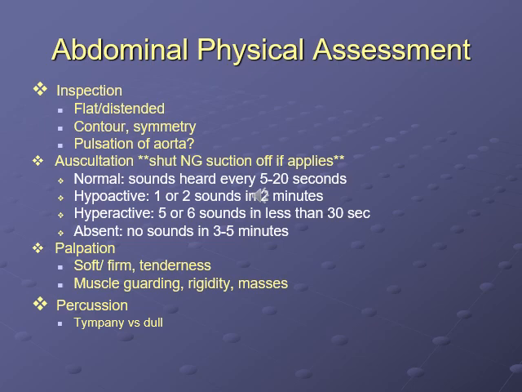I'm going to direct you to the muscle guarding, rigidity, masses. Again, it's really important to notice if you have an abdomen that is showing that protective mechanism, that guarding, that rigidity. A board-like rigid abdomen is a serious sign that would be indicative of potential peritonitis. So that is something that we don't mess around with.